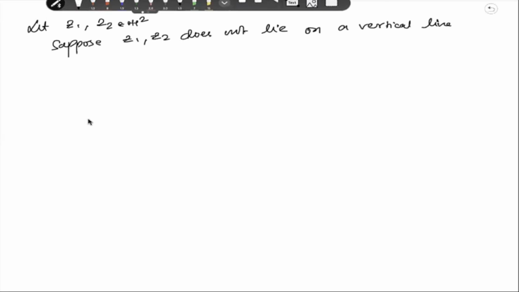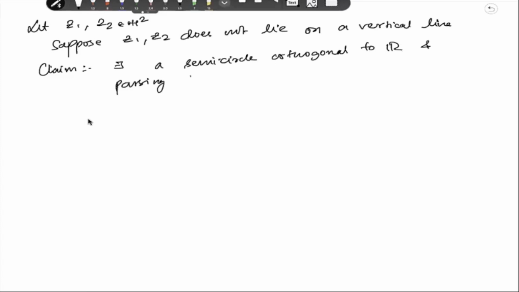Then the claim is that there exists a semicircle orthogonal to the real axis and passing through Z1 and Z2. So how to prove this?